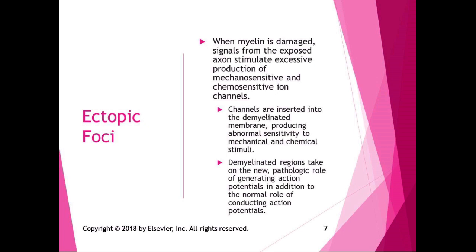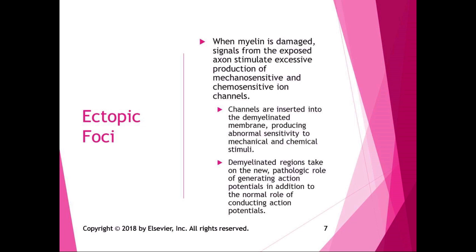So the areas where the myelin is damaged are abnormally sensitive to pressure, and it stimulates the dorsal root ganglion, or the somas of the cells that are in the dorsal root ganglion.